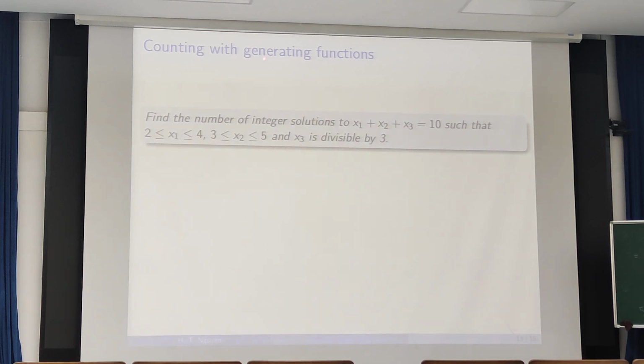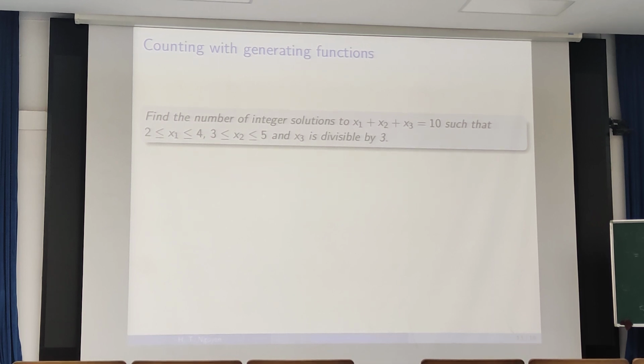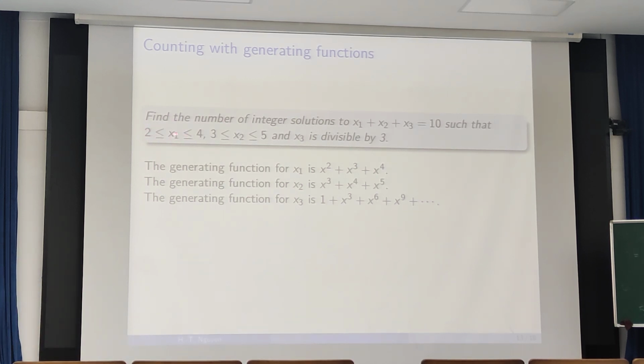But once we have the powerful tool, which is generating function, this becomes a simple algebraic problem. First, we write the generating function corresponding to each variable. Because of these constraints, x1 can only take the values 2, 3, or 4.